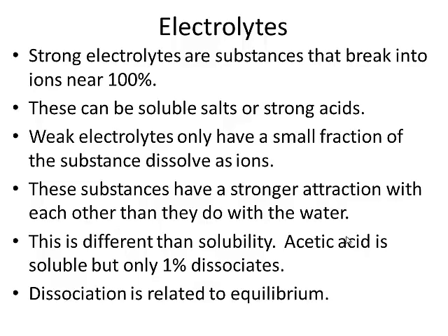Weak electrolytes only have a small fraction of that substance dissolved as ions. A good example of this is vinegar or acetic acid, where although the acetic acid is very, very soluble in water and mixes completely, only 1% of them will actually dissociate and make ions that conduct electricity.